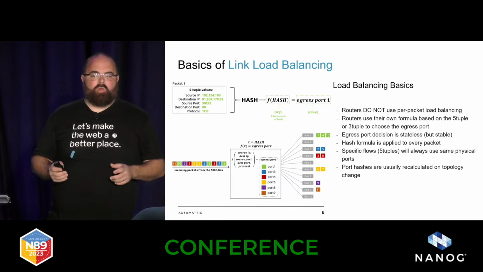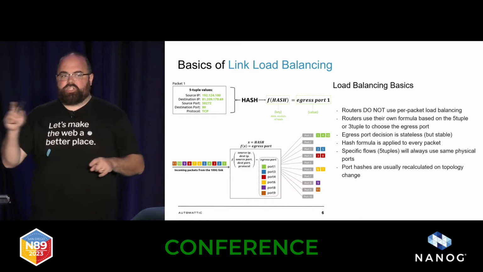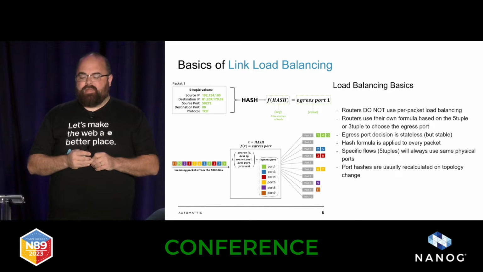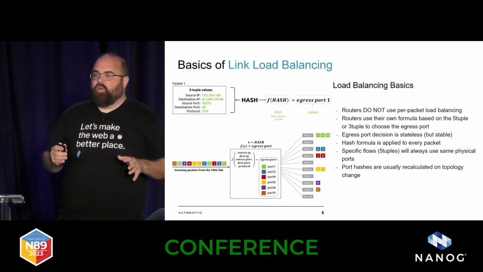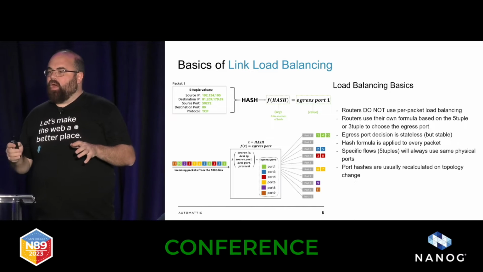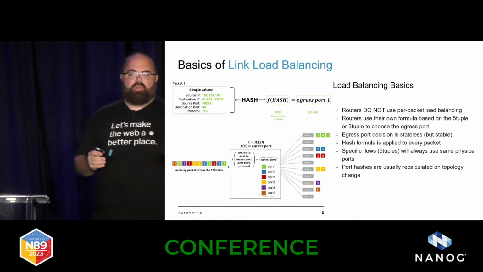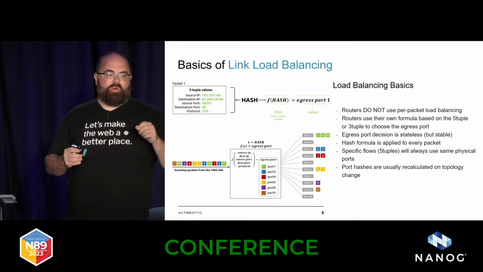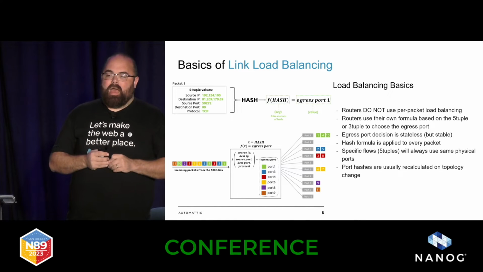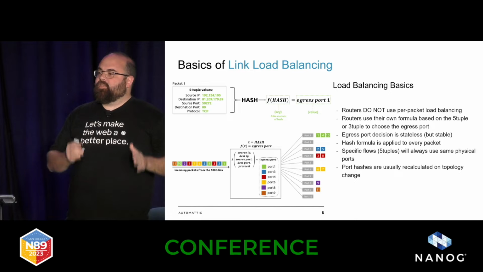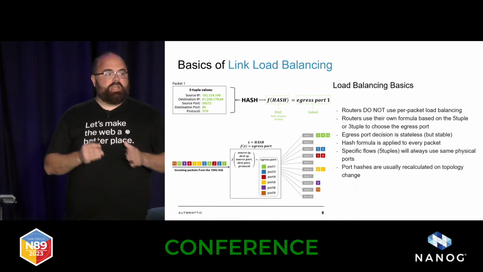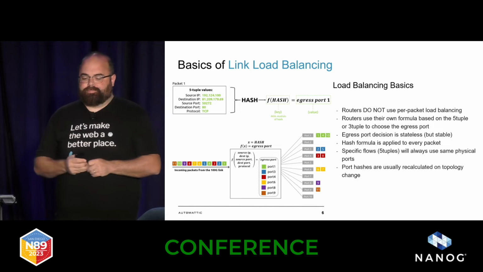There's not a table you can consult on most routers that will tell you exactly which flow hash gets mapped to which physical port. But it's stable insofar as the ASICs in the router, given a single 5-tuple, that is source port, source IP, destination port, destination IP, and protocol, will make the same decision over and over again on every ingressing packet and push it out the same egressing port.